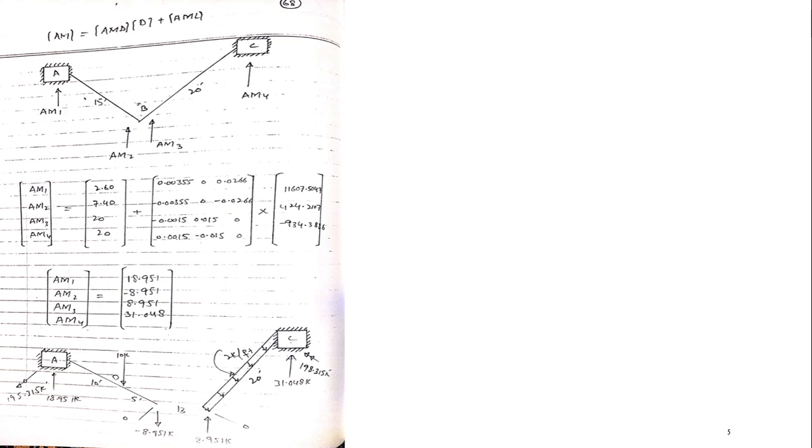Finally, this AM matrix, this is another mathematical model. AM is equal to, you remember, AML plus AMD into D. In flexibility matrix, it is AMR.